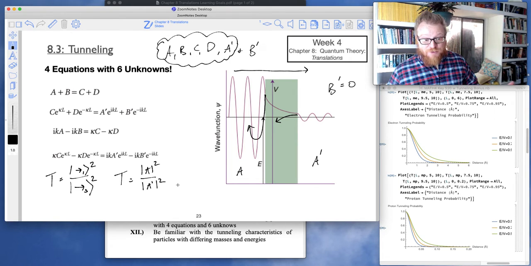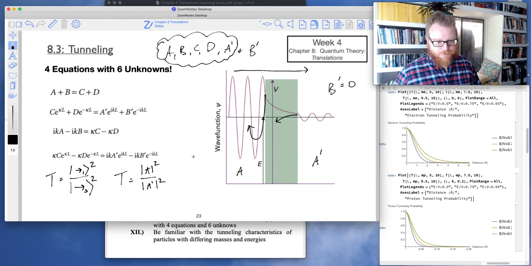And then all we have to do now to normalize this, we don't have to go through and do psi squared set equal to 1. We can just normalize all of these things to each other by solving a 5x5 system of equations, okay? We can do that with matrices. We can do that with Mathematica. There's a number of ways that we can solve a system of 5 equations with 5 unknowns. And that's how we normalize this tunneling problem.